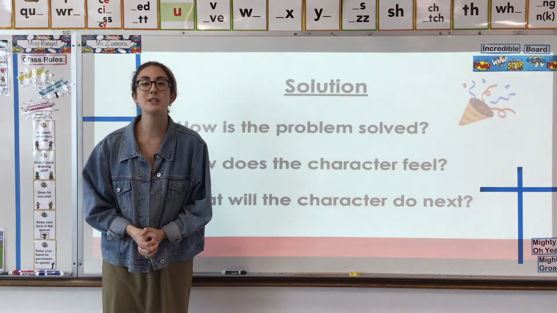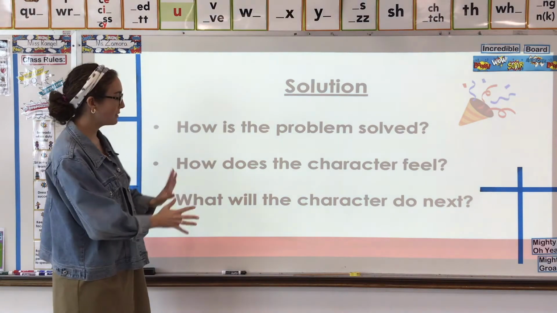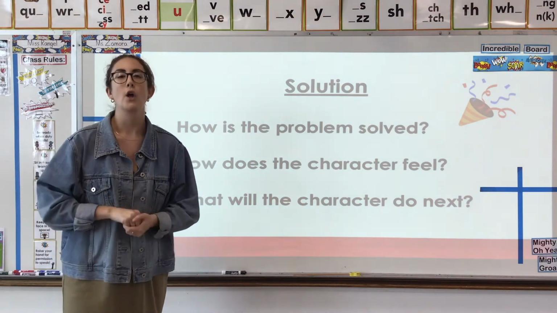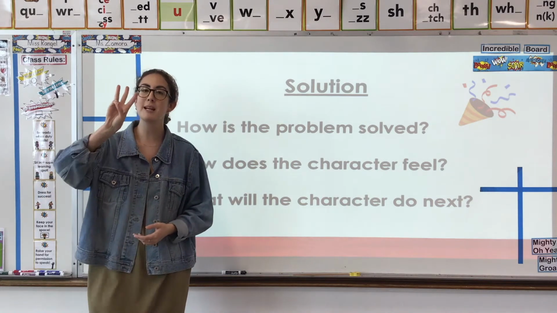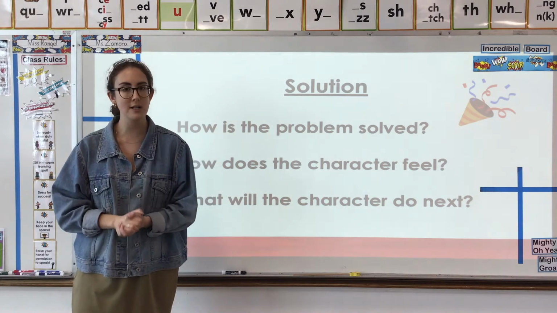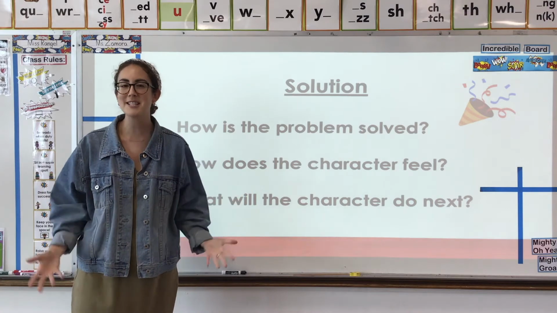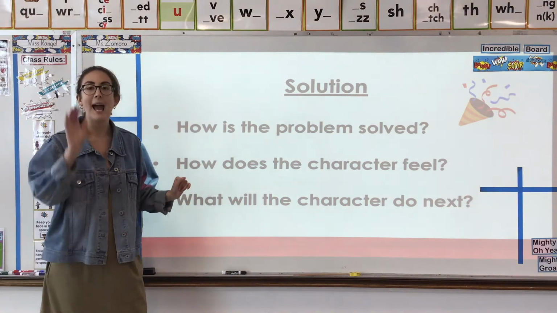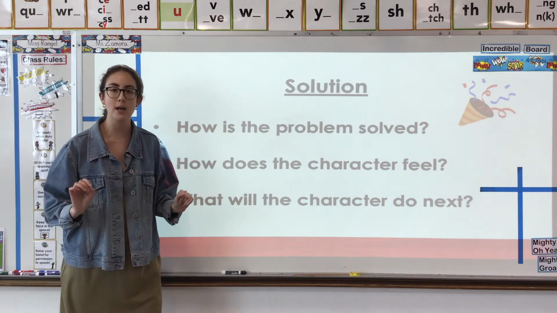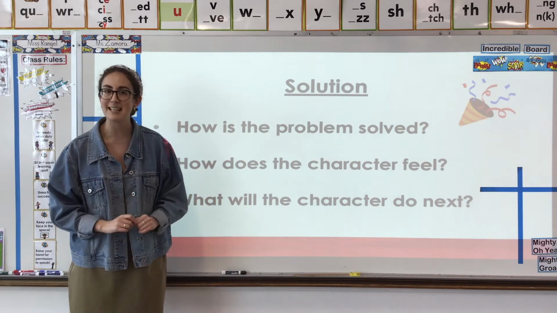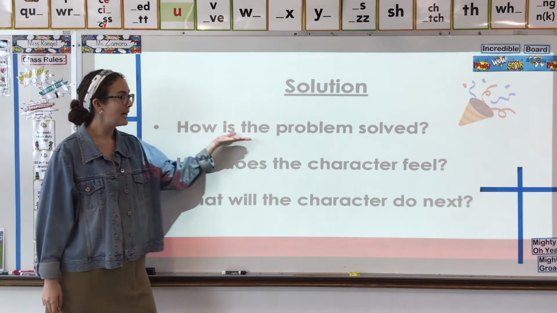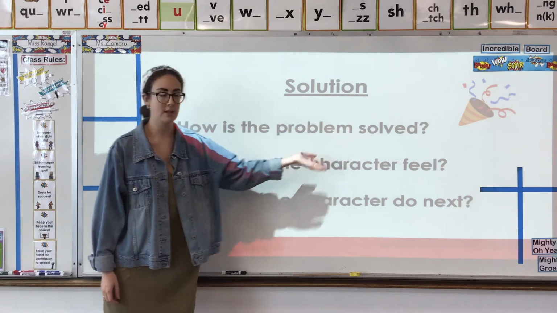And in our solution paragraph, our reader is going to be able to answer 3 questions. So we need to include 3 different parts in our solution to have a strong, interesting, and exciting ending. So here are the 3 questions any reader who reads your story will be able to clearly answer. First one, how is the problem solved?